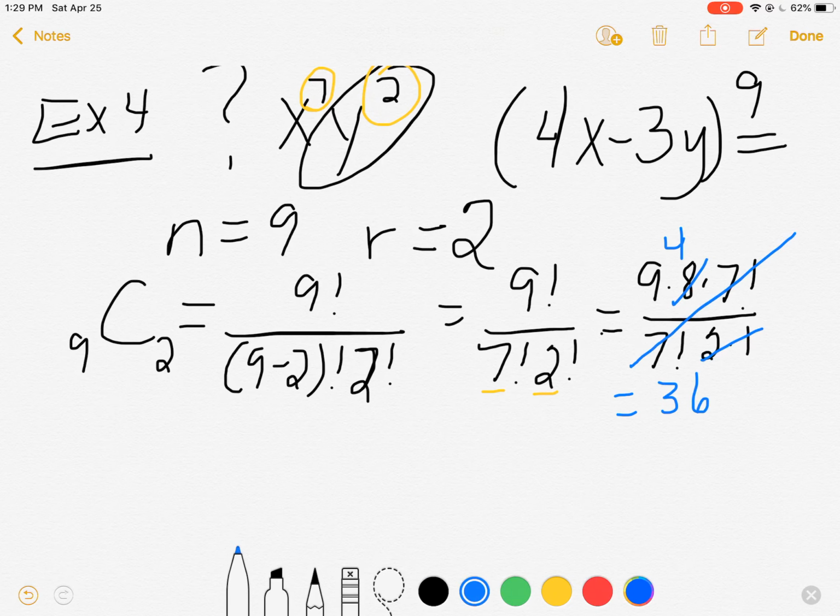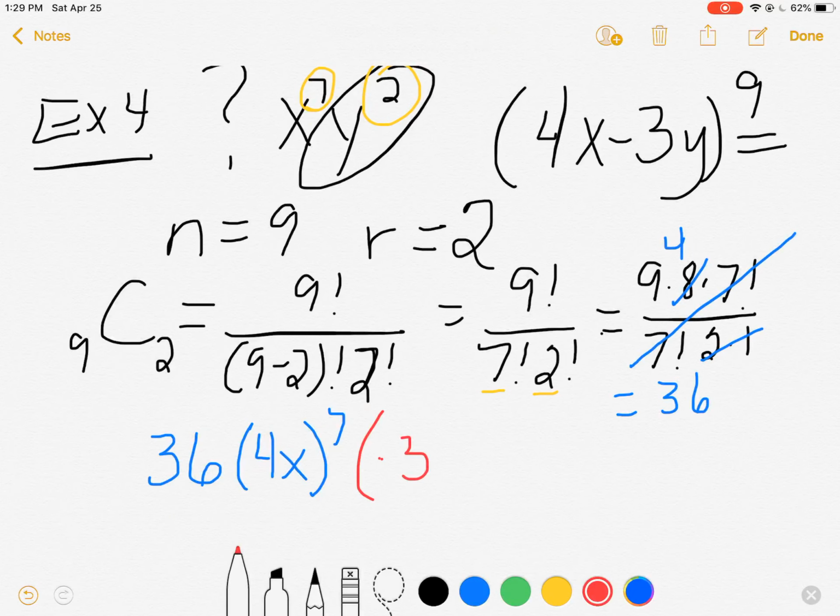Not my final answer though, because remember, 36 is what we would have got from Pascal's triangle. I take my first term, which is 4x, and I raise it to the 7th. And then my second term, which is negative 3, I'm going to raise it to the second power.